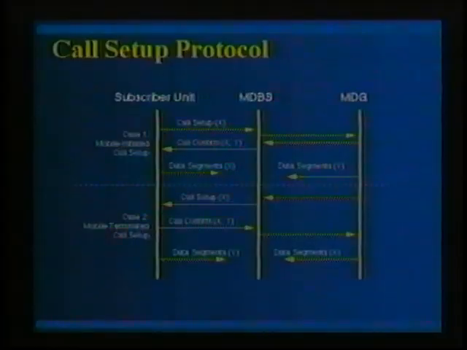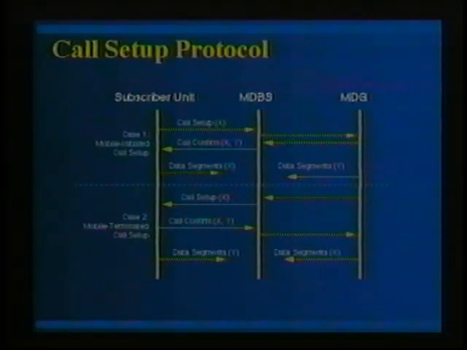The call setup protocol is based on an exchange of call setup and confirm packets. In each direction, there is a separate virtual circuit identifier, and the actual connection consists of the pairing of the two identifiers. So the call setup says, this is the identifier I'm going to associate with data flowing in this direction.